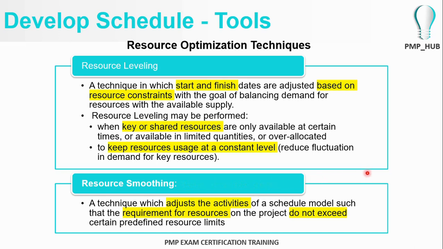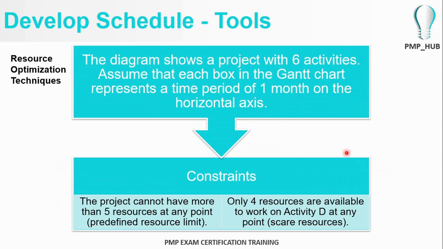Let's take an example to understand this. In the following example, what I want to discuss shows 6 activities, and each box in the Gantt chart represents 1 month on the horizontal axis.